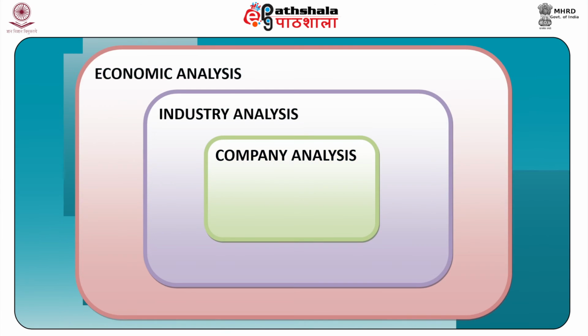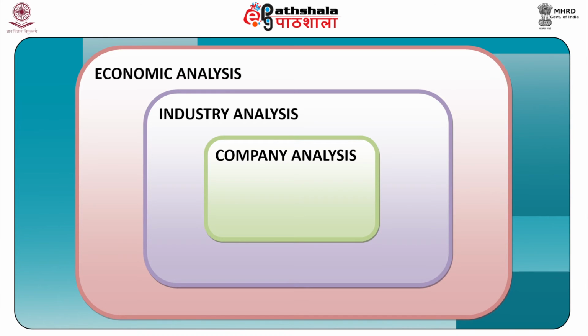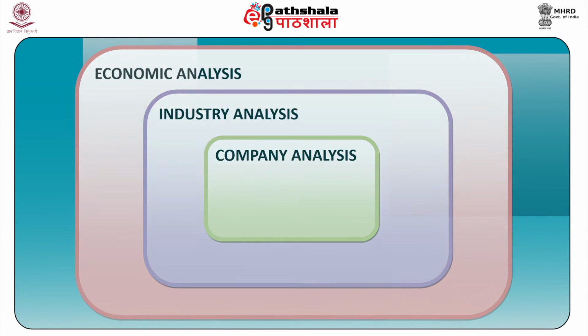On the opposite side, one can go by studying the company first, then its industry analysis and then economic analysis. Then it is called the bottom-up approach. As you can see in the figure, top-down approach and bottom-up approach has been shown.